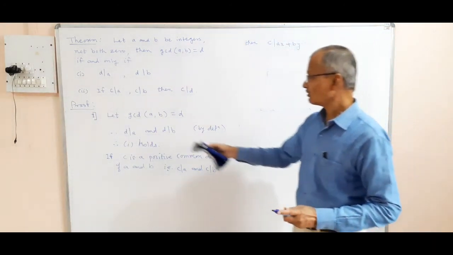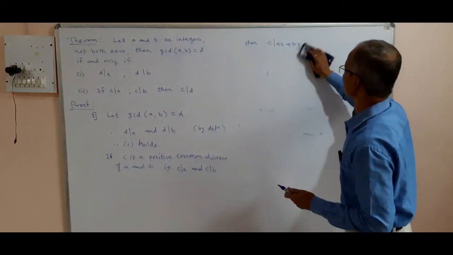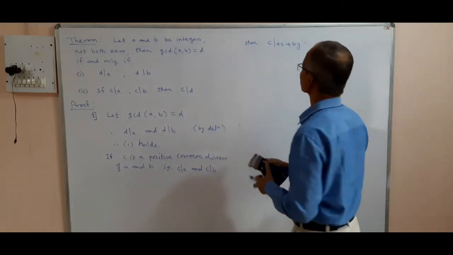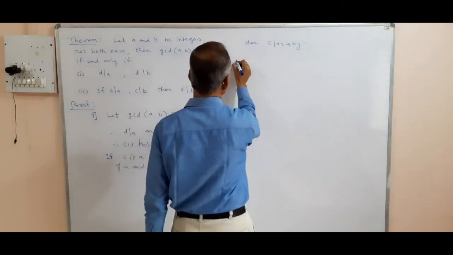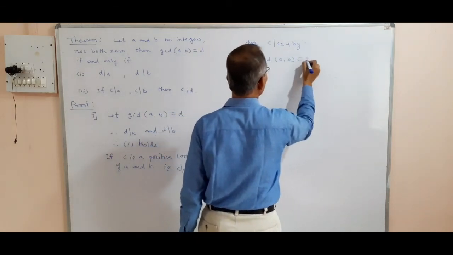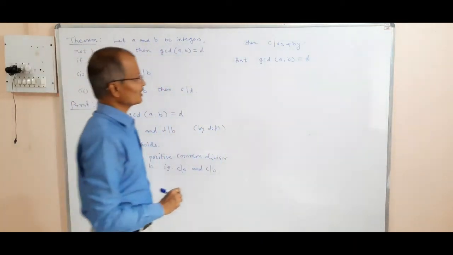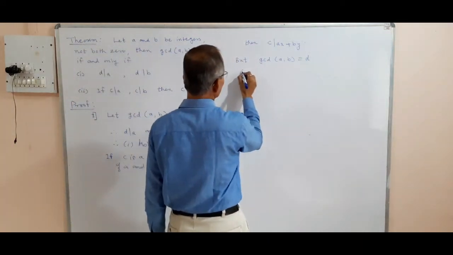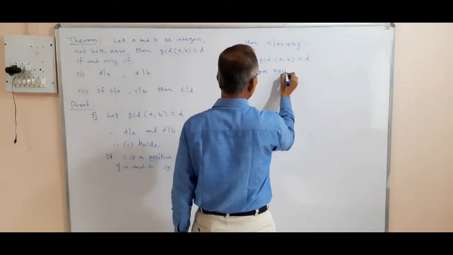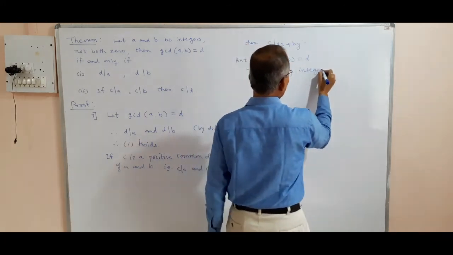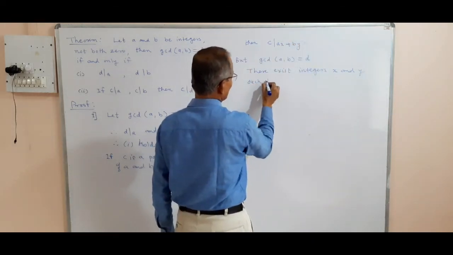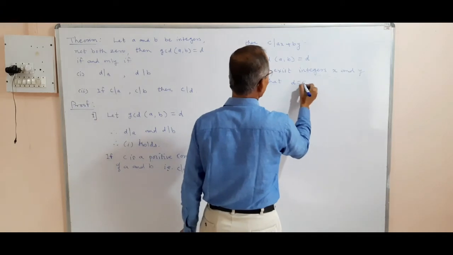Now, because the GCD of A and B is equal to D, this implies by theorem 3 there exist integers X and Y such that D is equal to AX plus BY.